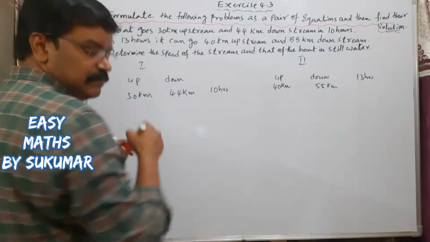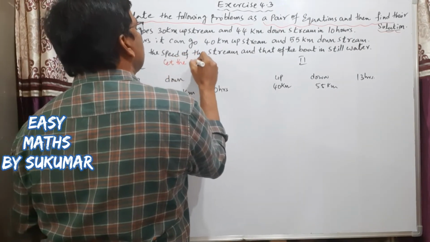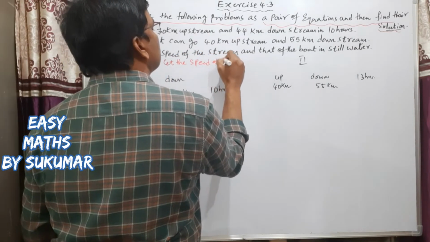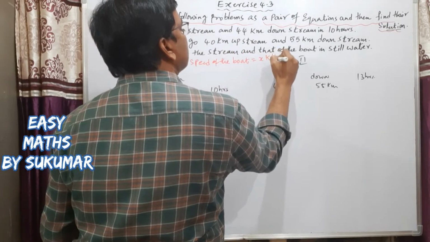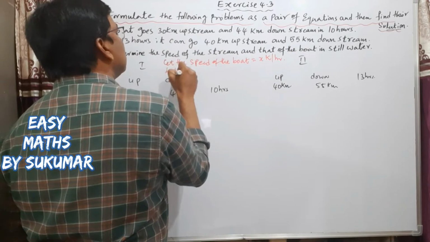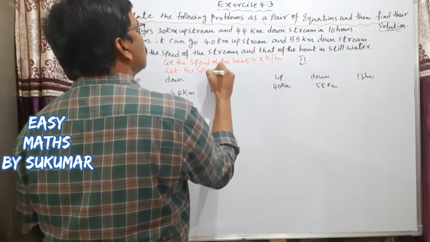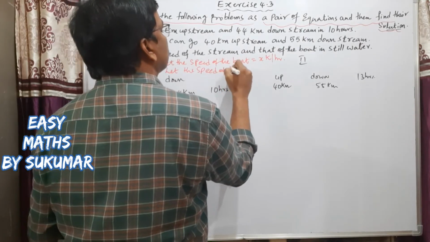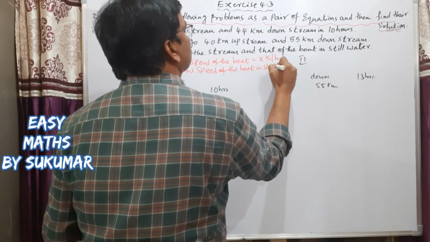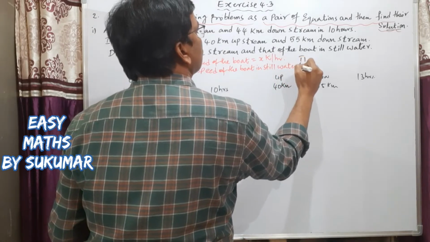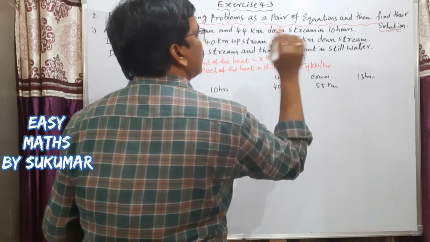First we will take, let the speed of the boat in still water be x kilometer per hour, and let the speed of the stream be y kilometer per hour.